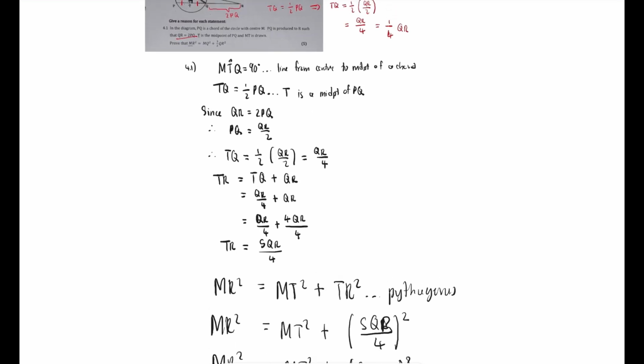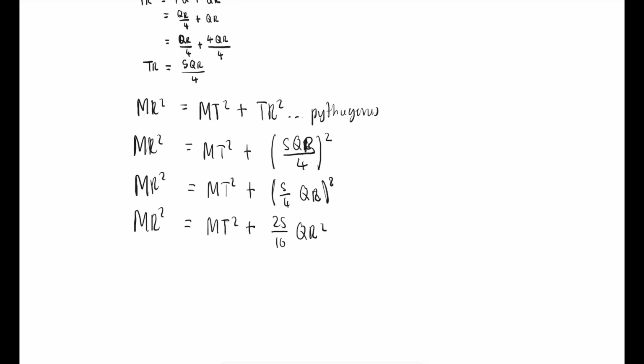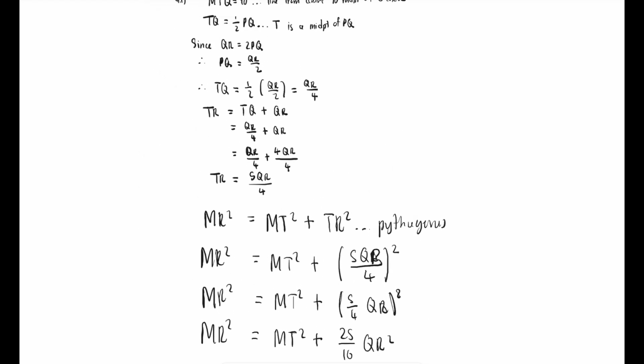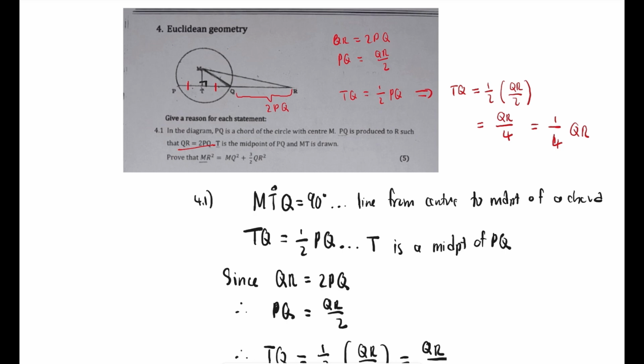So we compare with what we have over there. We have an MQ squared and a 3 over 2 QR squared. Okay, then I think if you notice on the diagram, you see that my MQ squared, which is this one, is equals to MT squared plus TQ squared.